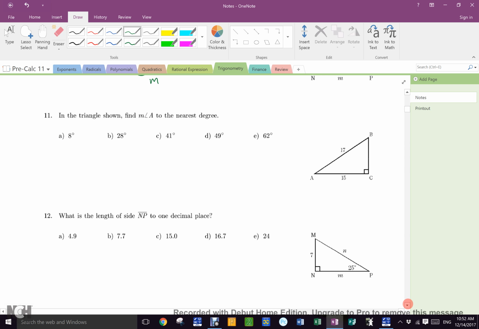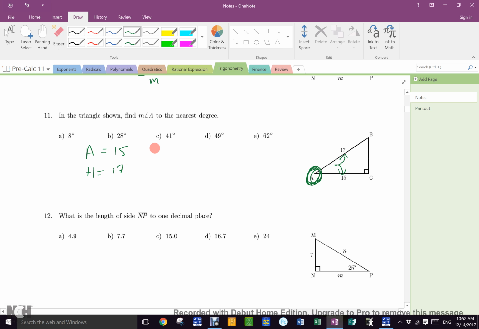Number 11. Find A to the nearest degree. So this is A. What parts of A do I know? I know that one and that one. What are those two sides if I am starting from A? I know the adjacent is 15, and I know the hypotenuse is 17.